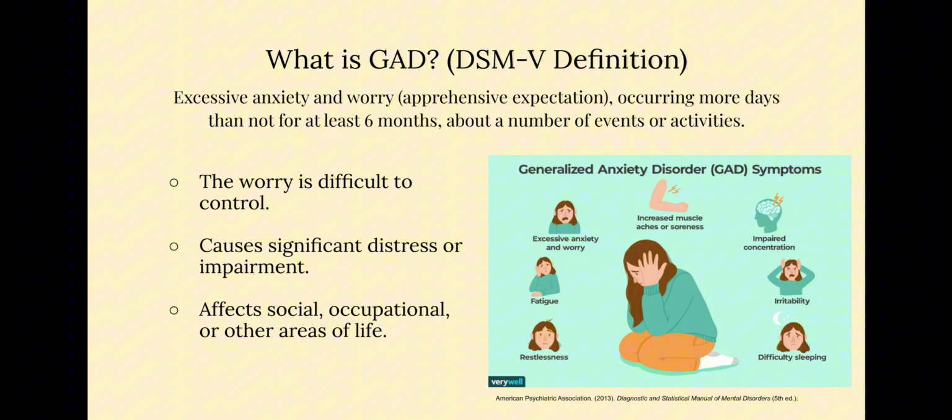So, defined by the DSM-5, it is excessive anxiety and worry, occurring more days than not for at least 6 months, about a number of events or activities. People with generalized anxiety disorder often find it hard to control their worries and may experience symptoms like restlessness, fatigue, difficulty concentrating, irritability, and trouble sleeping.